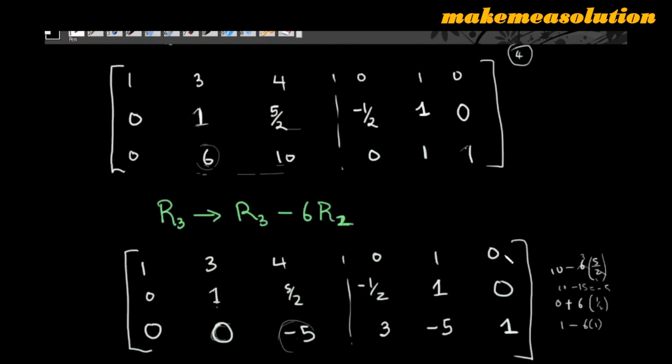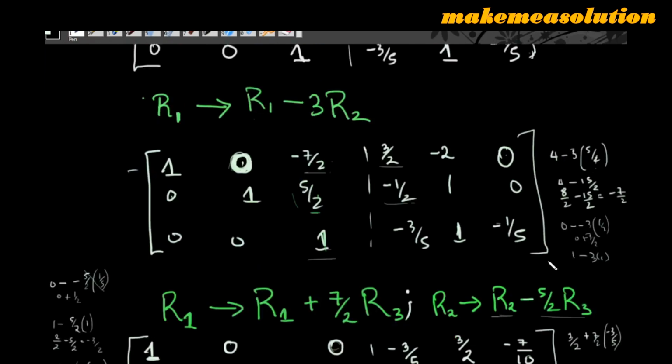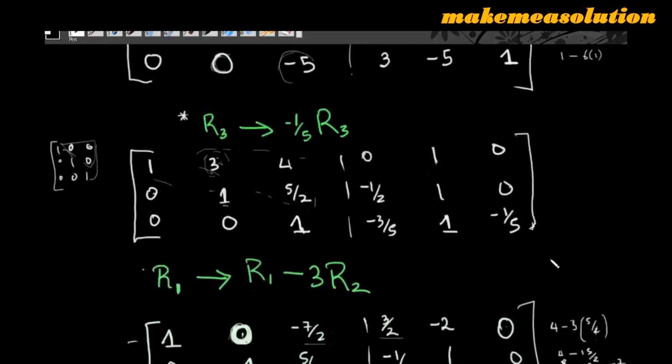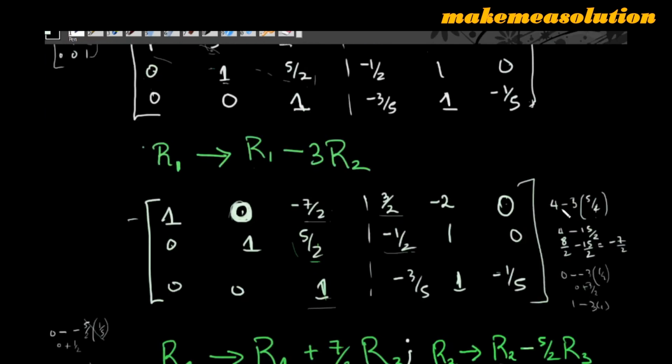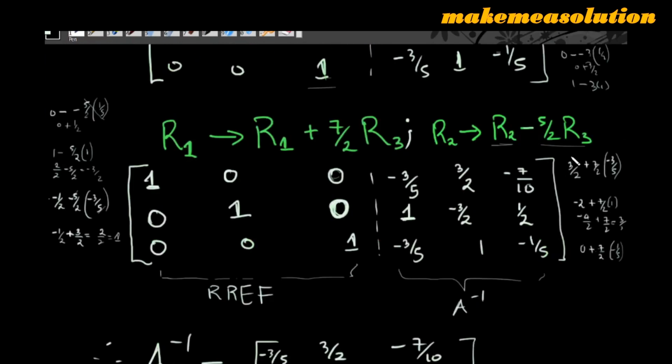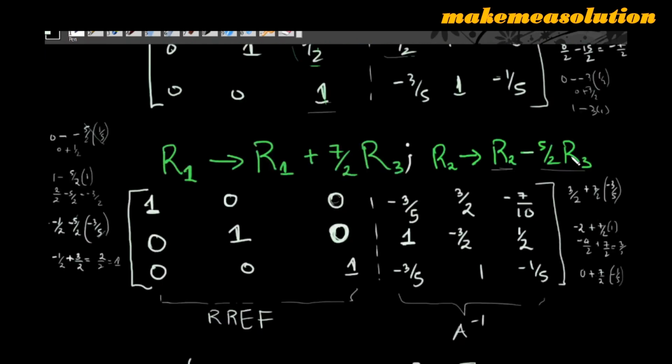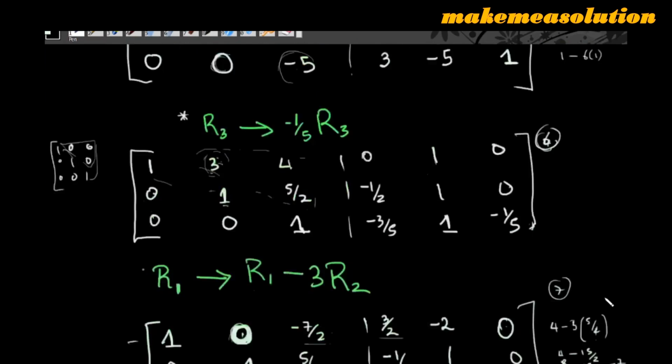Then we now have the third in step 5. We have the fourth in step 6, then the fifth transformation, then the sixth transformation, and now have what? 8.